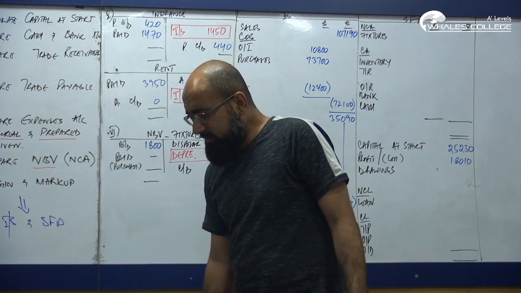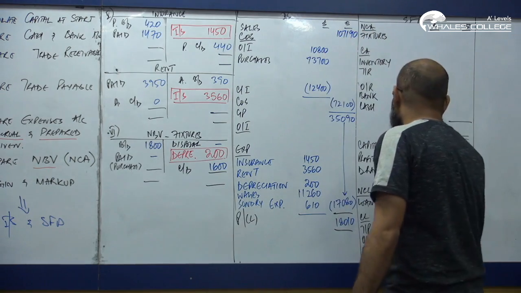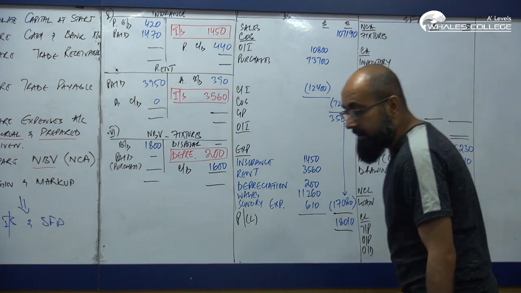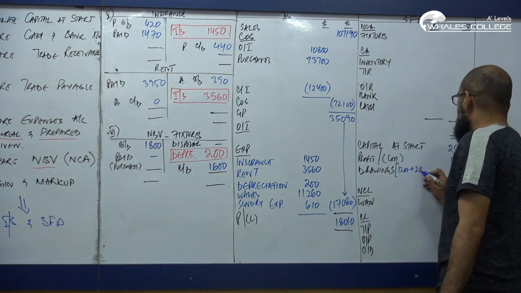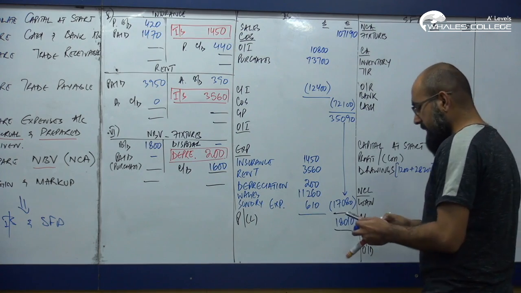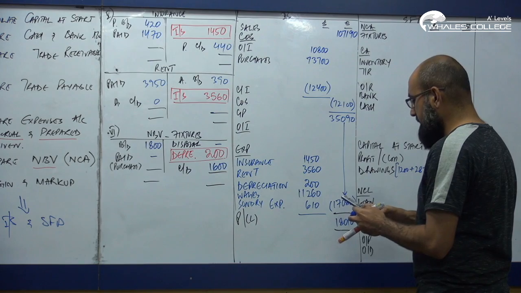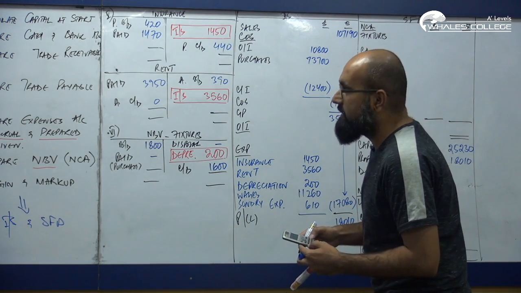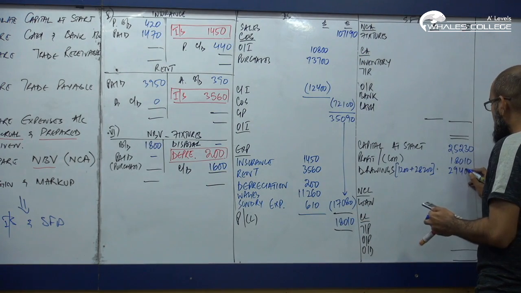So for drawings we have bank 28,200, in cash 1,200. So 28,200 plus 1,200 becomes 29,400.